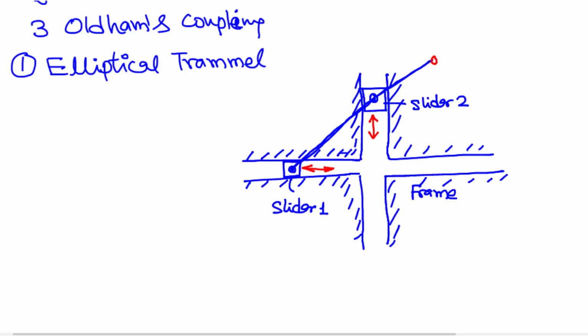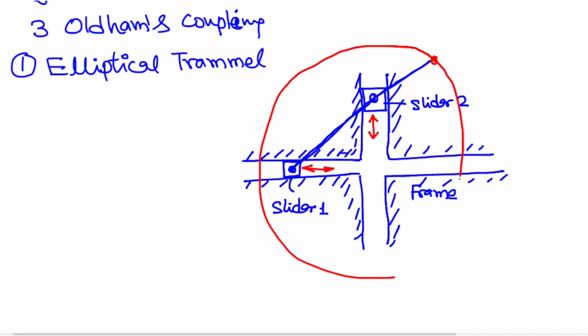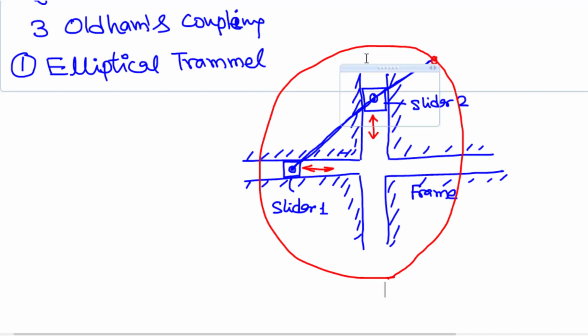Now the path of the end of this rod, when it moves in grooves, it is like elliptical. So this is an instrument used for drawing an ellipse. This inversion is obtained by fixing a slotted plate.